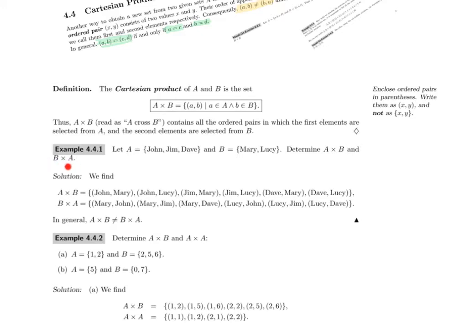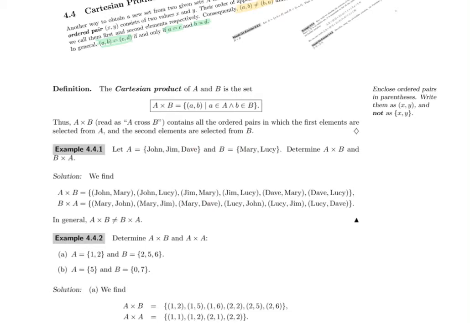Let's look at B cross A. Remember, these are ordered pairs, so B cross A means I take something from B, comma, something from A. The elements of B cross A in this example would be (Mary, John), (Mary, Jim), (Mary, Dave).